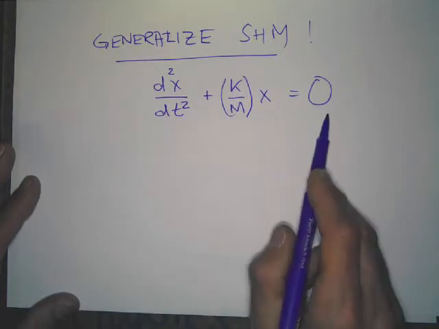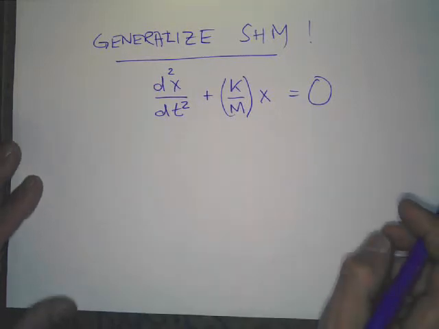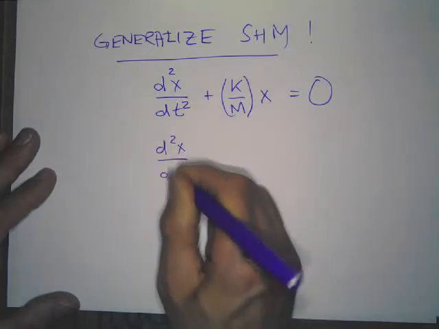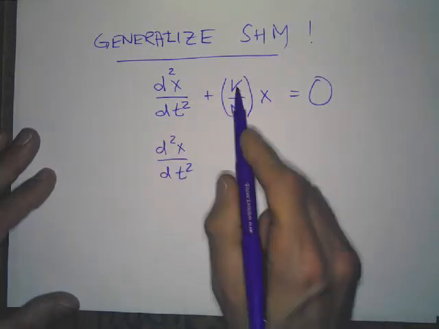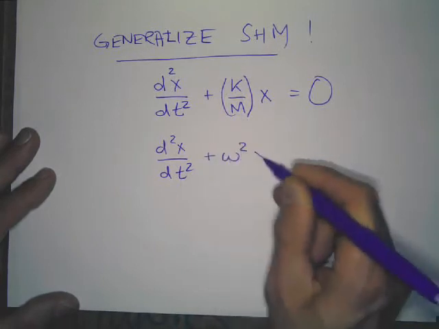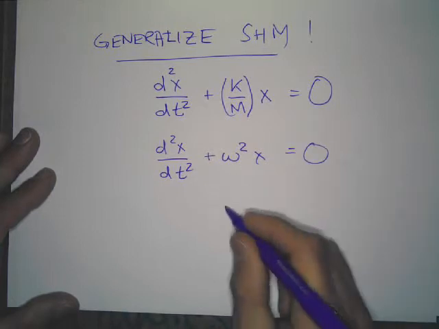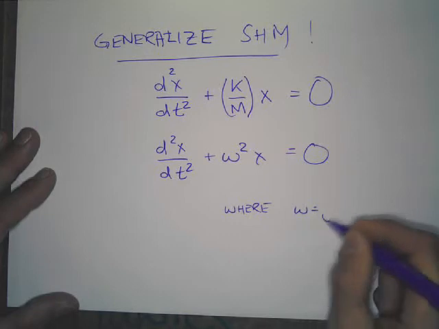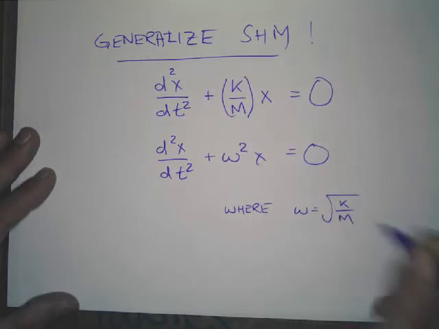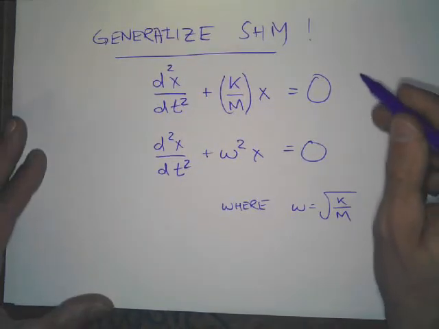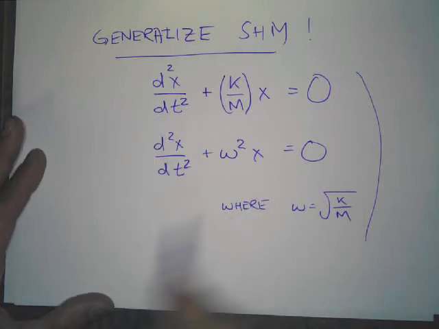A lot of times you'll see this written, especially if you take more physics or engineering. Instead of writing k over m, this will be written as omega squared. And you just have to remember that omega is the square root of k over m. Okay, that was something that we showed several days ago. So you really need to be able to recognize these equations as being the equations for simple harmonic motion.